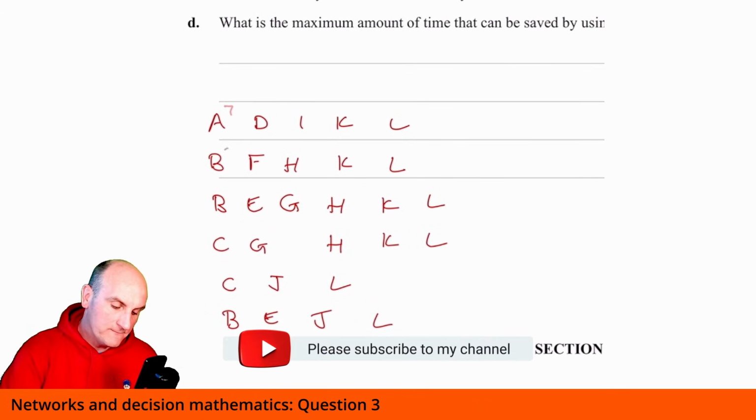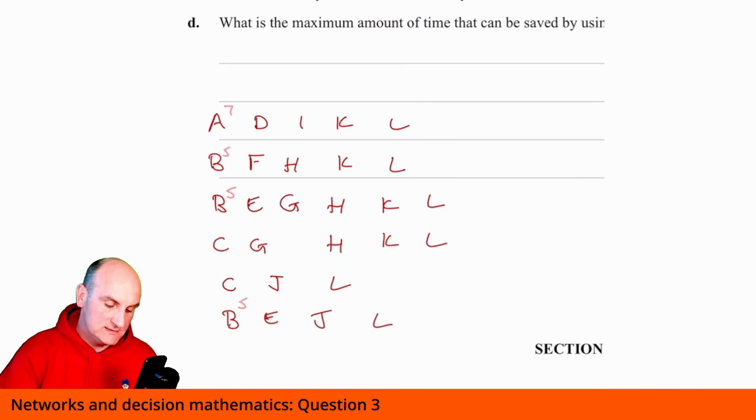B is 5, C is 6, D is 8, E is 3, F is 4, G is 4, H is 6, I is 2, J is 12, K is 4, don't forget the 4s there, and L is 2.